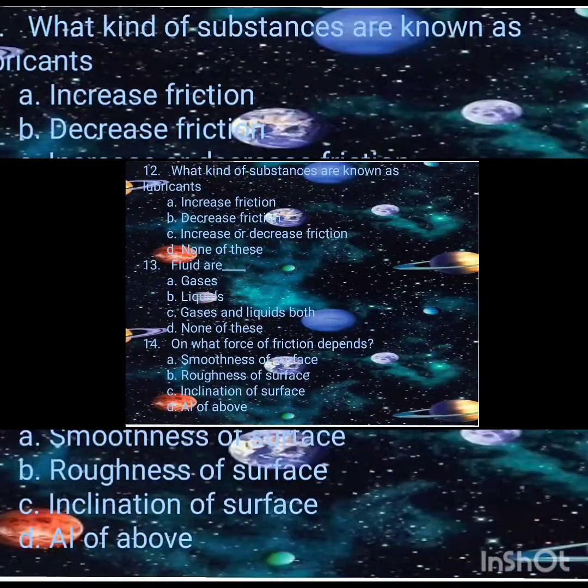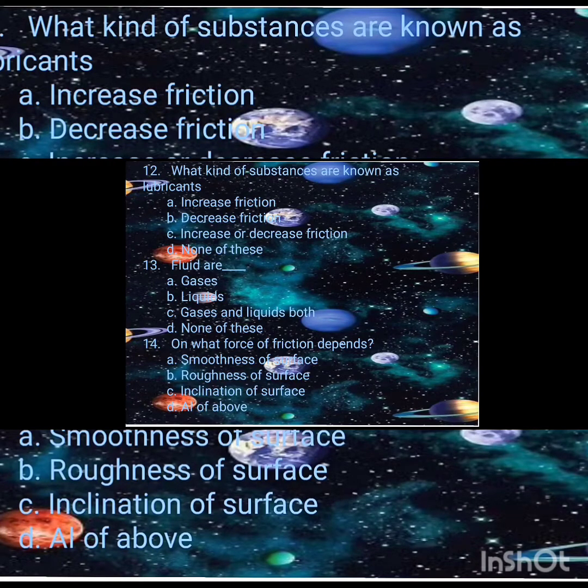12th one. What kind of substances are known as lubricants? A. Which increases the friction, B. Which decreases the friction, C. Increase or decrease, and D. None of this. So what's the correct answer?